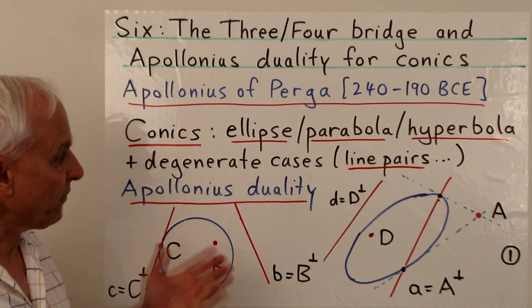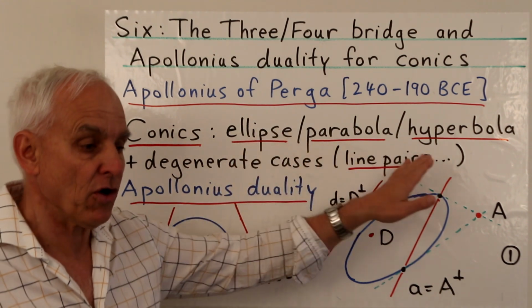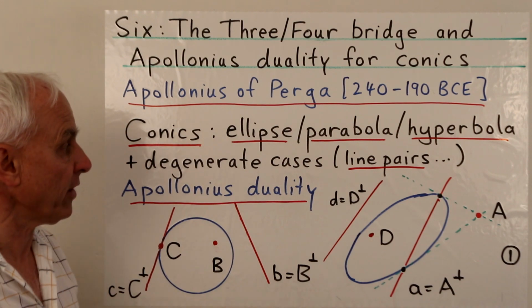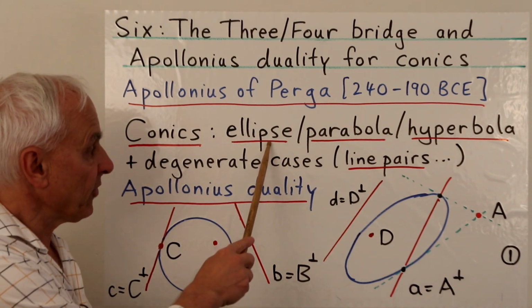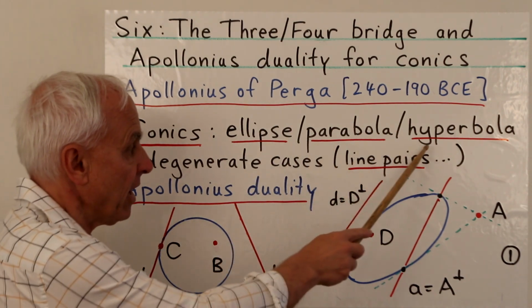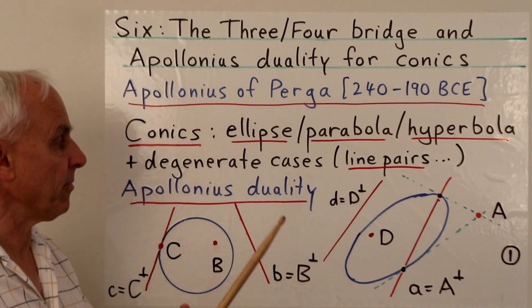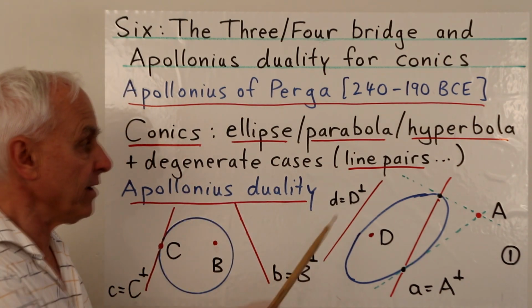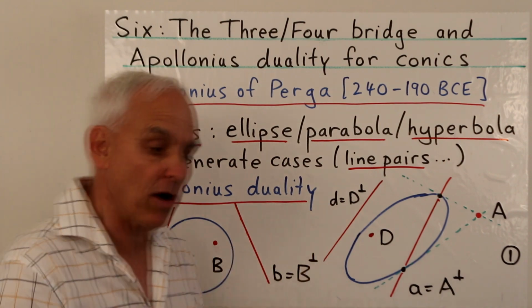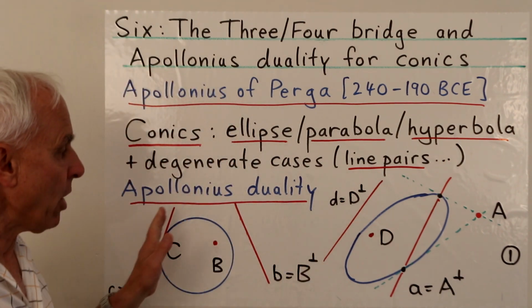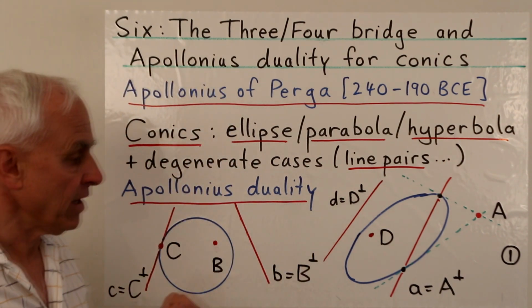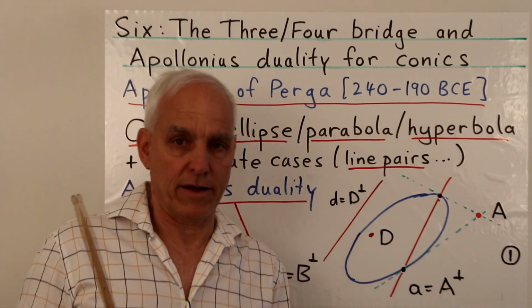And he was one of the first to make a thorough investigation of these important curves called conics, including the ellipse, the parabola, the hyperbola, and also sometimes some degenerate cases like we've already seen, the line pairs that we were talking about.